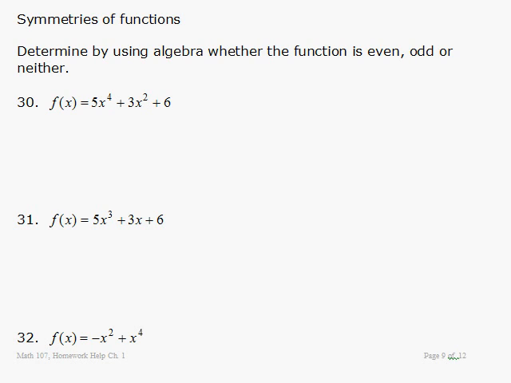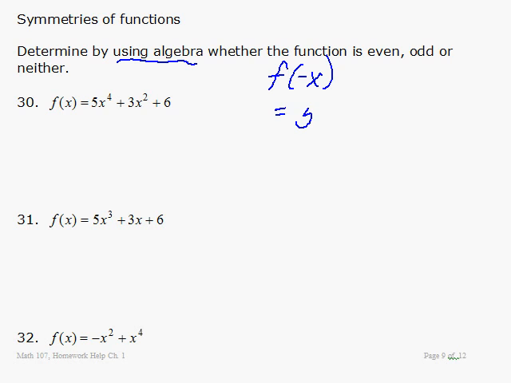These questions are on the symmetry of various functions. There's two ways to determine symmetry, but I would like you to use algebra. How do you use algebra to determine if a function is even, odd, or neither? Well, you substitute minus x for x. You have to use parentheses and go through the whole formula.